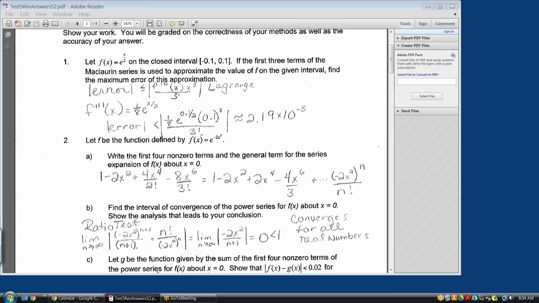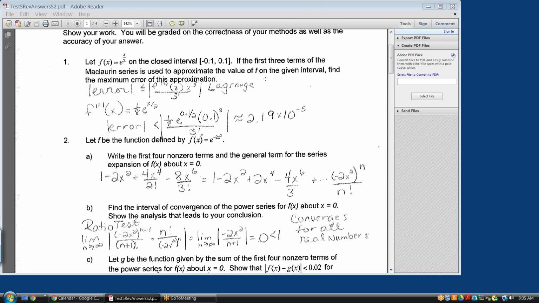3 factorial comes from the n plus 1. So the first 3 terms of this Maclaurin series only go up to the second derivative. And so that's why this is f third derivative. Now, the number she plugs in here, 0.1 to the 3, that's an endpoint of that interval.